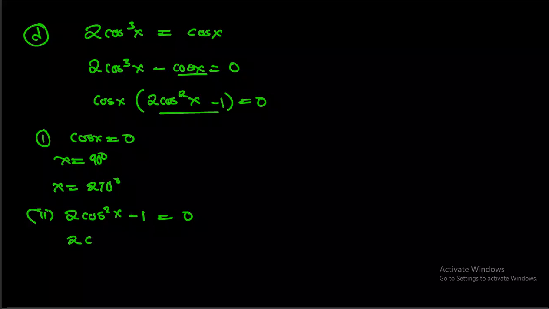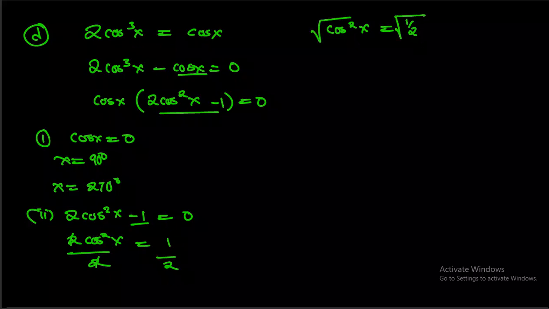So I'm going to have 2 cos squared x is equal to, this will become positive 1. We divide by 2 everywhere. So what you are going to get, cos squared x is going to be equal to half.